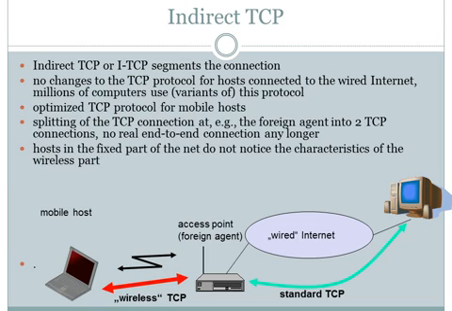That is one advantage of using indirect TCP. So no changes to TCP protocols for the hosts which are connected to wired networks or fixed networks. So they use normal TCP, while we use optimized TCP for mobile hosts.